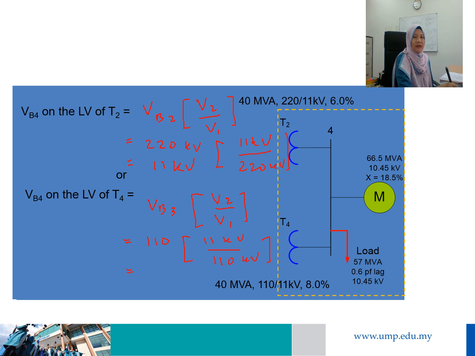We can see that we get the same base voltage whether we refer to the low voltage side of T2 or the low voltage side of T4. So we get similar results for the base voltage for region number 4, which is equal to 11 kV.